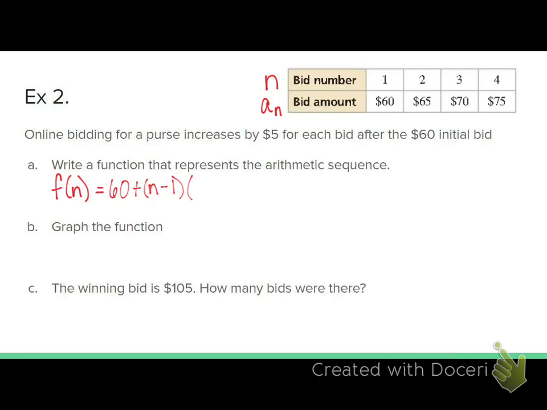But on the end, we need to multiply by our difference. So how are the bid amounts changing every time? By $5. Up by 5, so we use a positive 5. So really, this is just like what we were doing on the last one. I will allow us to skip out on the graphing for right now.